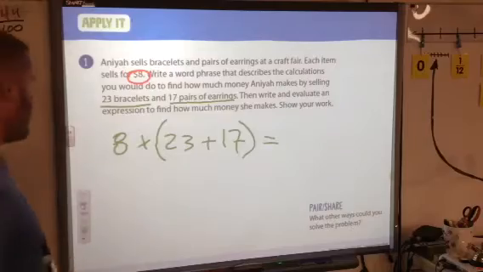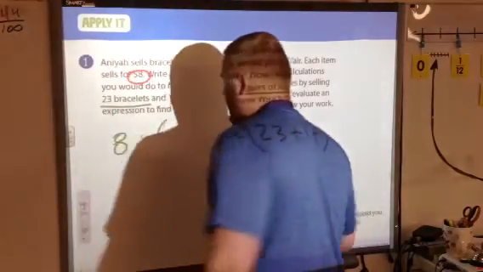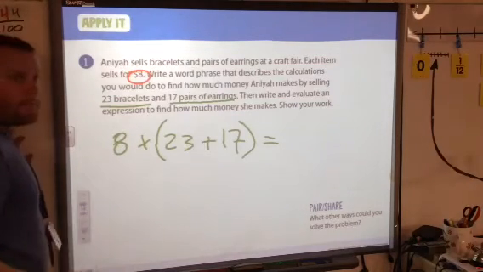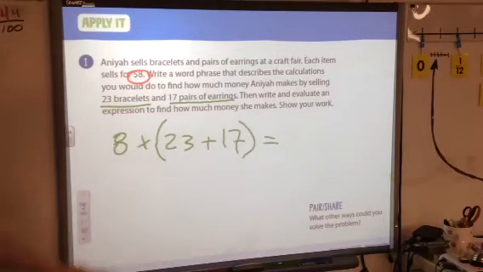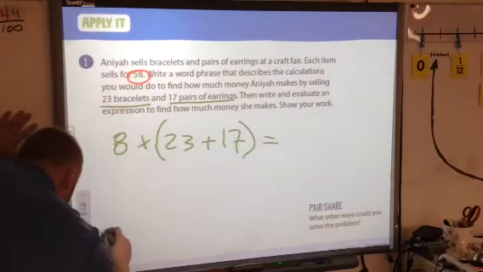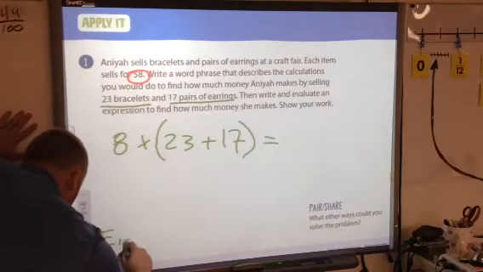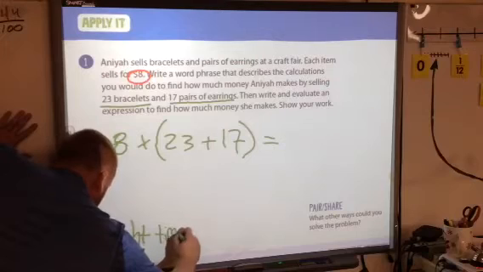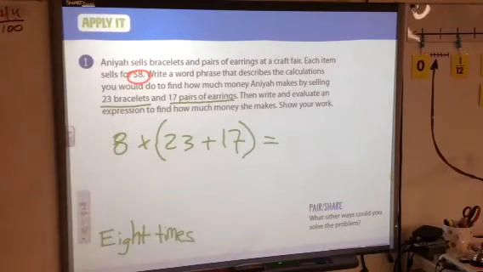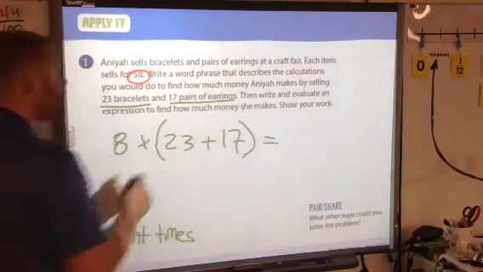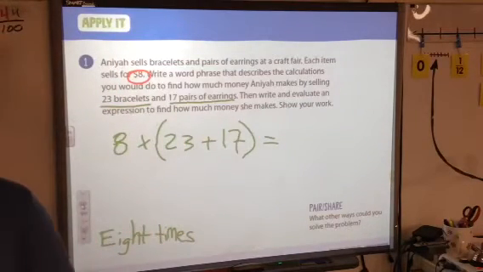Okay? Word phrase. Alright? So, I know it's 8 times, because I know that I don't have these within parentheses, so I can just use a buzzword for multiplication, which means 8 times. Now what do we notice? Parentheses. So parentheses tell me that I have to do that first.